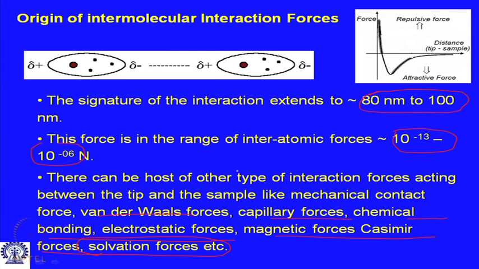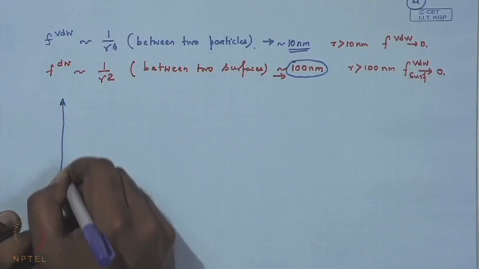But the most important thing to realize is that an AFM works mostly based on van der Waals forces. I would like to draw your attention at this point towards this particular potential curve. Some of you might be very well conversant with this. This is a typical potential curve.